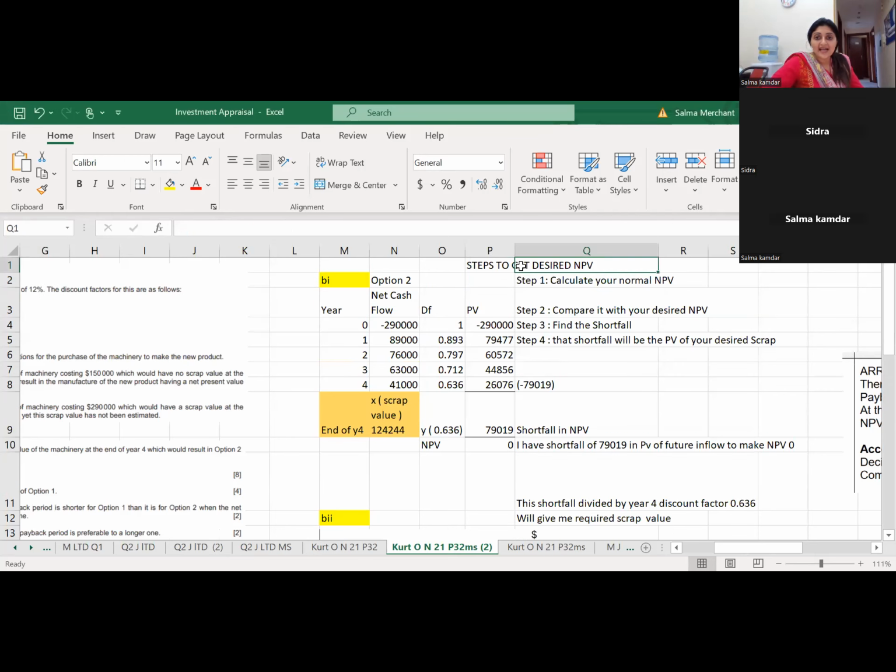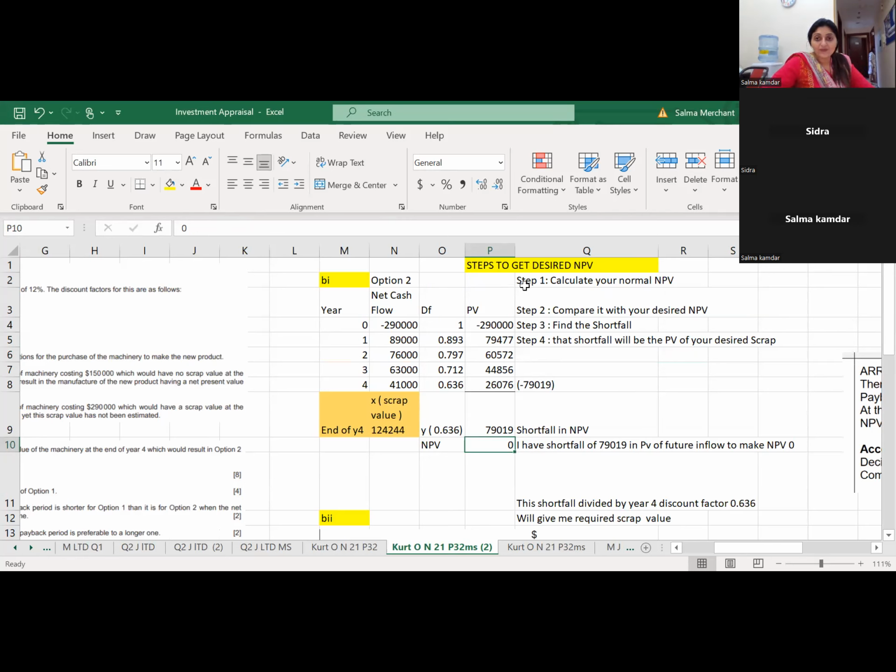So you want a desired NPV, and here your desired NPV was 0. You want to find out the scrap value in such a way that you get an NPV which is 0.